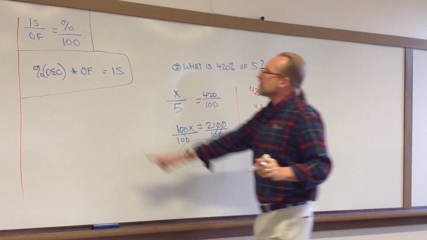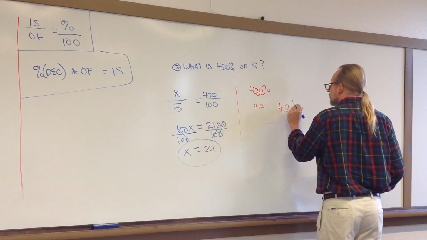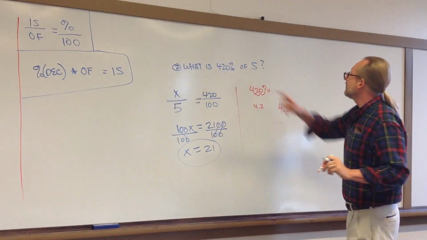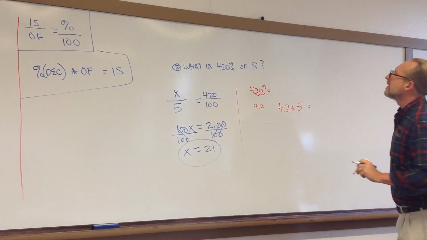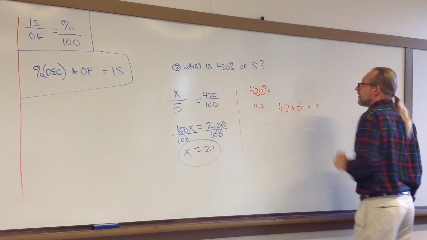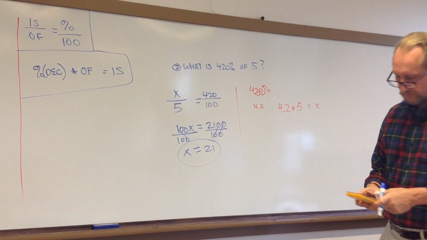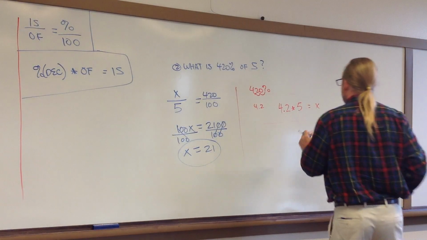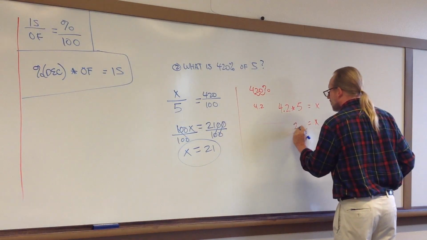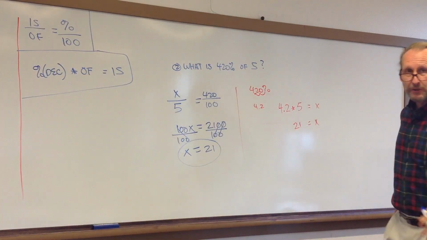So we would say 4.2 times of, which is 5, equals is, which we don't know. And so all we have to do is 4.2 times 5. And that should be 21. Okay? So that's 2 different ways to approach this.